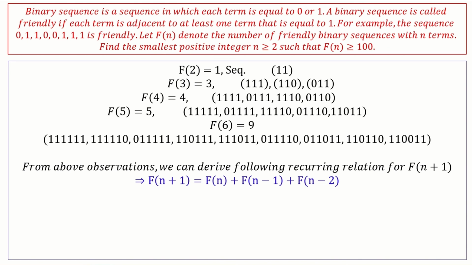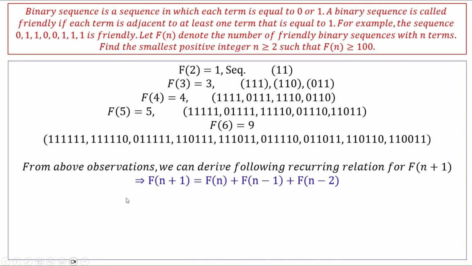Everybody has made some mistake, but they finally observed this is the correct equation. So nobody has really derived this equation mathematically. I would love to see if somebody can derive it. I made this equation from observation; I wrote several terms up to f of 10 and concluded that this is the correct recurring equation.